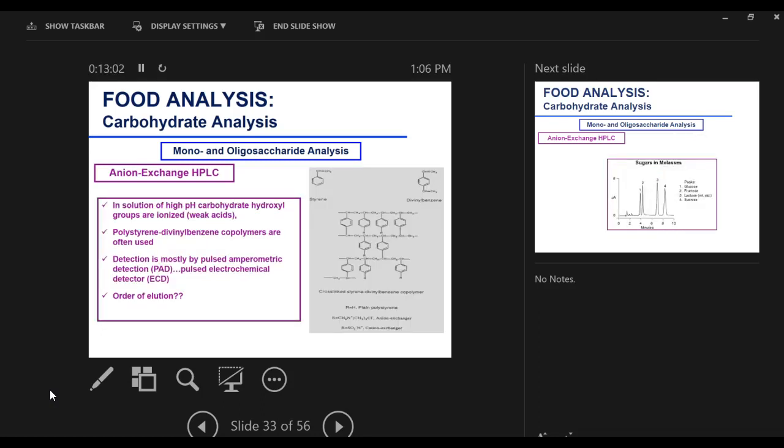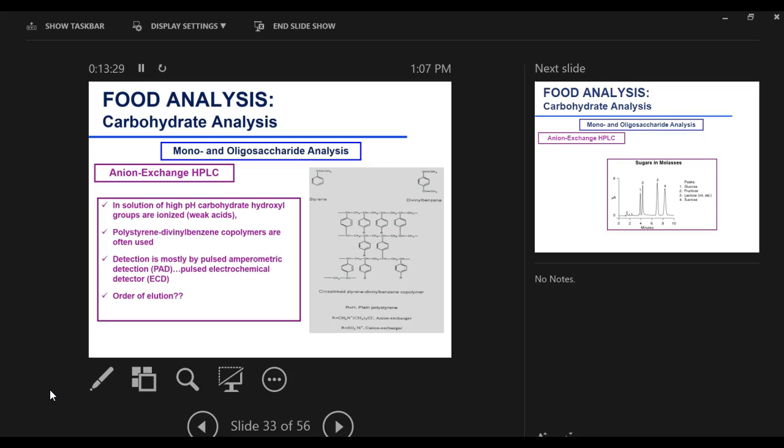You can do anion exchange chromatography as well. In nature, sugars are not ionized, right? So they don't carry a charge. But they are very, very mild acids. That means they will give their protons. So the hydroxyl groups in the sugar will give out its hydrogen only at really high pH.